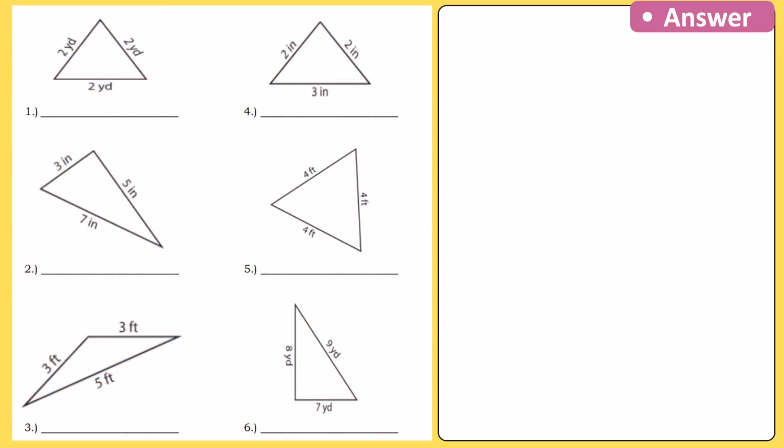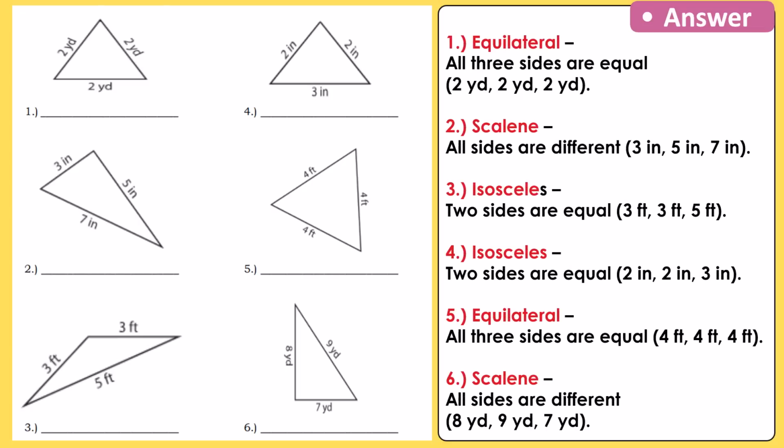Now, let us answer. Number 1, equilateral. Number 2, scalene. Number 3, isosceles. Number 4, isosceles. Number 5, equilateral. Number 6, scalene.